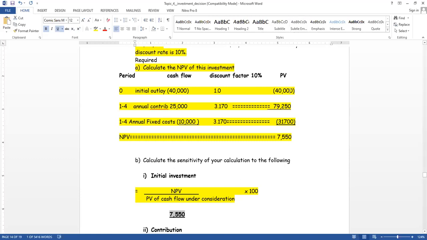And now we are considering the initial investment, which is 40,000. Then I multiply by 100 so that I look at the sensitivity as a percentage.